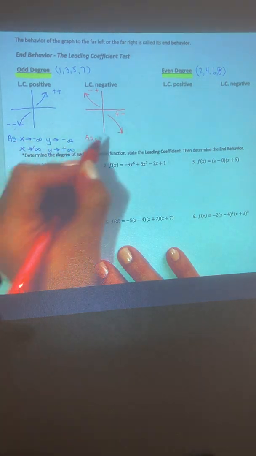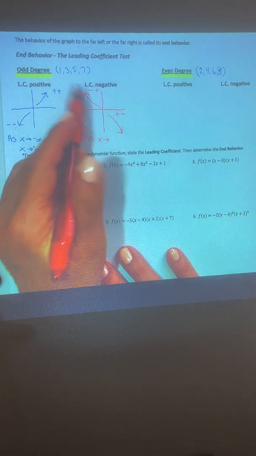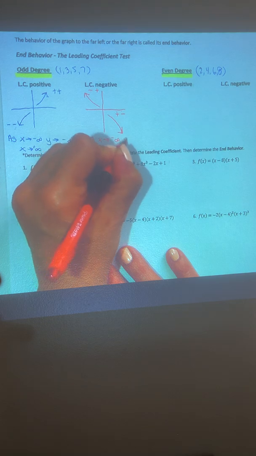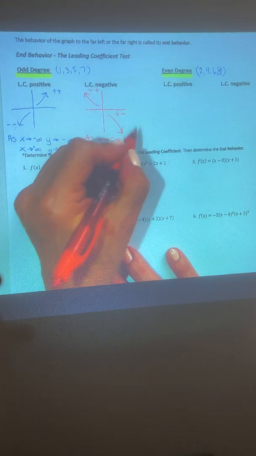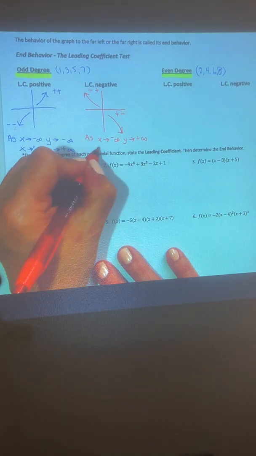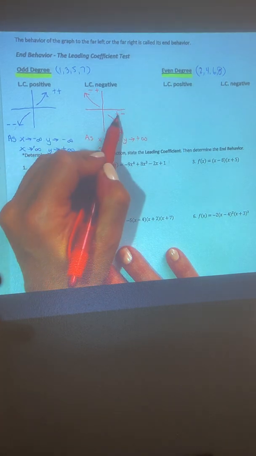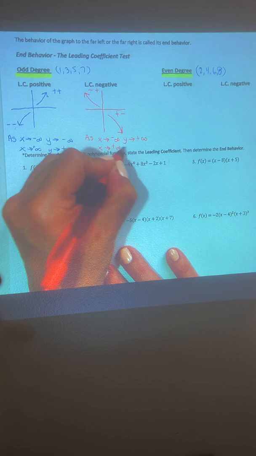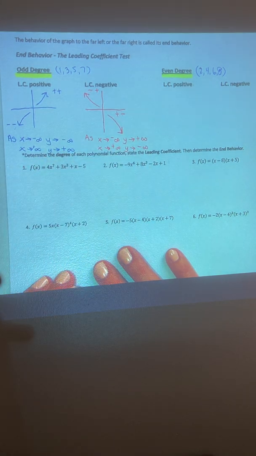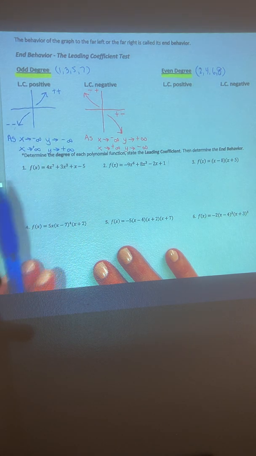As x approaches, what's that? Negative infinity. y approaches, what's that? Positive infinity. Okay, as x approaches, what's that? Positive infinity. y approaches, what's that? Negative infinity. That's what that means. The best way to do it, guys. Okay, so that's odd.